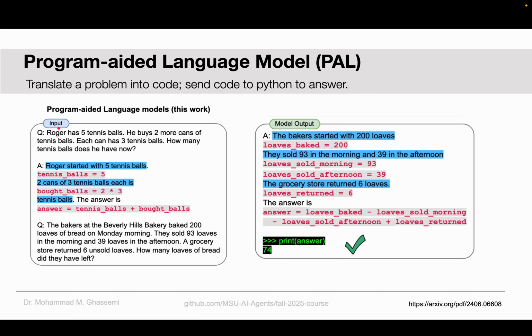The idea is to turn this input into a series of Python commands that could be used to compute the answer, and then to simply execute the Python command as they're showing here on the output. Okay, so very straightforward, very simple idea.